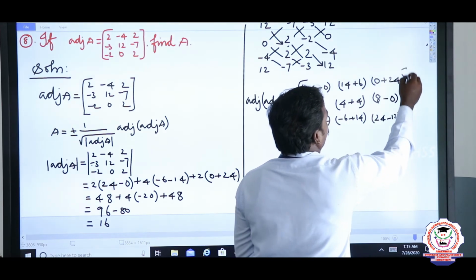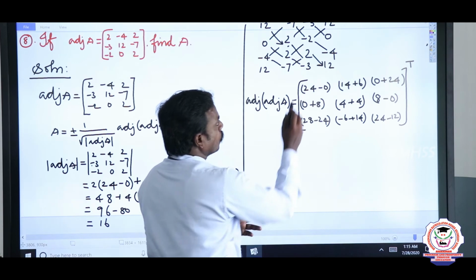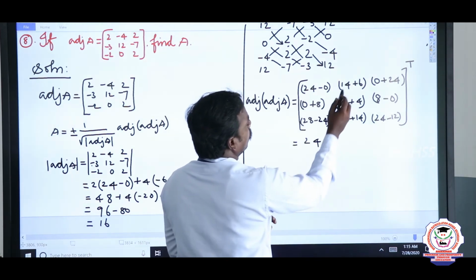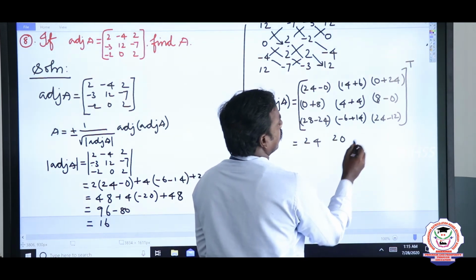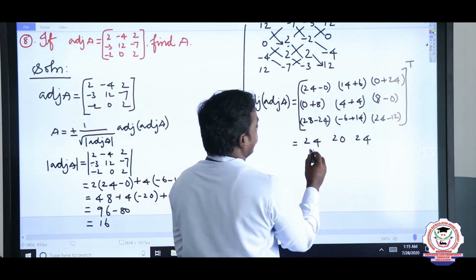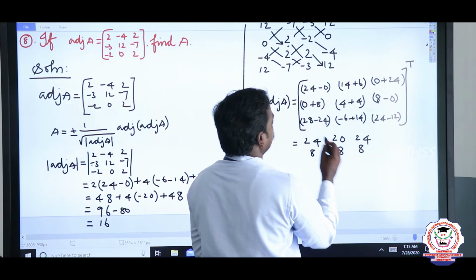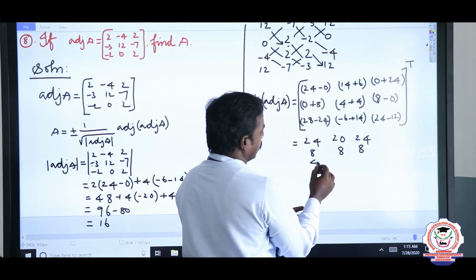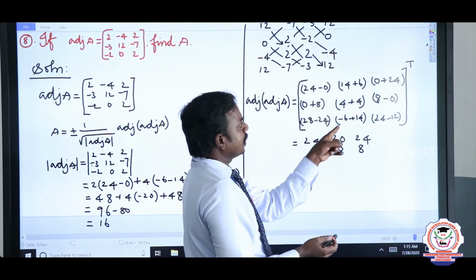So all transpose, all transpose, listen to yes, so 24, 14 plus 6, that is 20, plus 24, plus 8, 4 4 8 8, listen, 28 minus 24, there is 4, remaining is 4, minus 6 plus 14 is what?